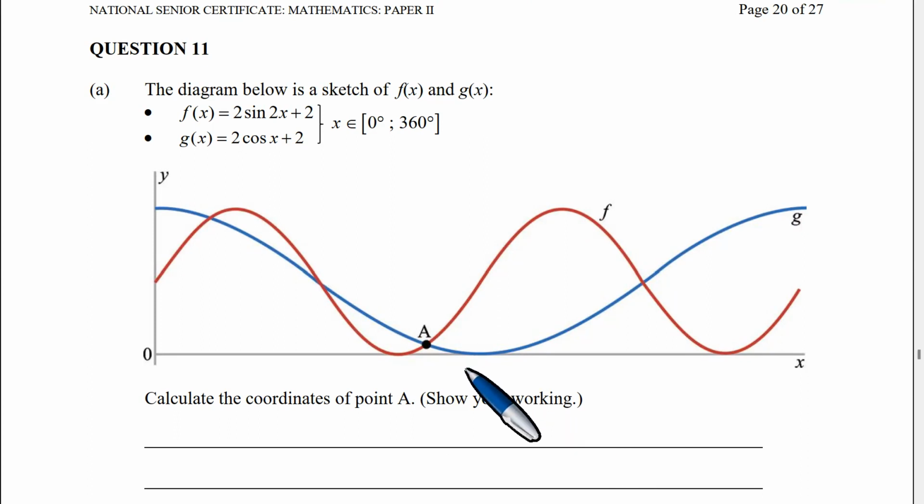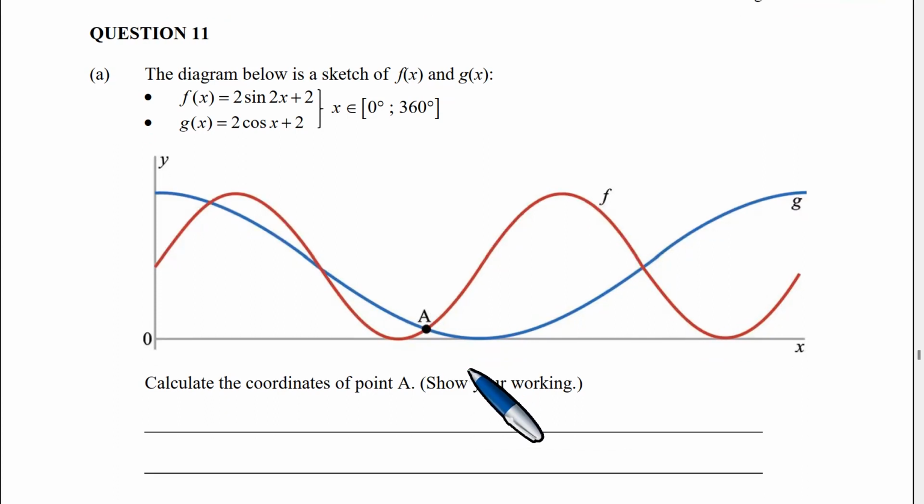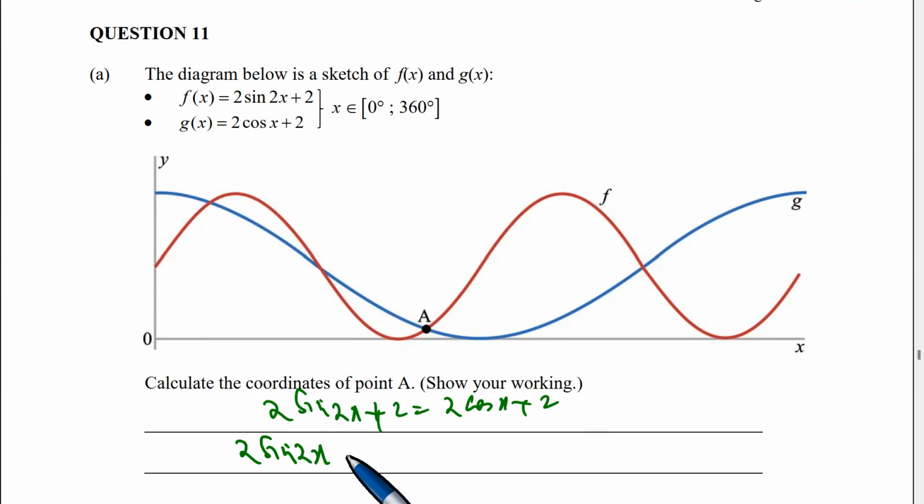A is a point of intersection, which means we need to equate the two functions. So we shall say 2 sine of 2x plus 2 is equal to 2 cosine x plus 2. Which means 2 sine of 2x. Right, so you can cancel the 2. 2 sine of 2x minus 2 cosine x is 0.